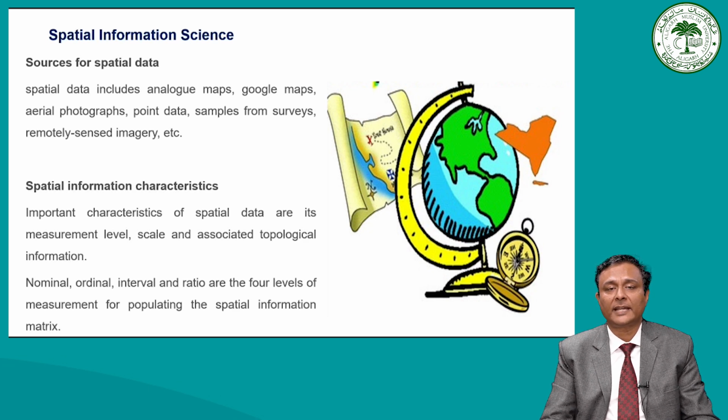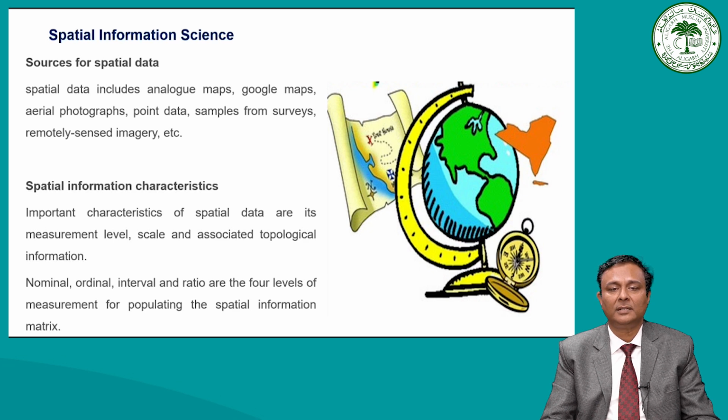The next question can be, what are the characteristics of spatial information? The important characteristics of spatial data and information are its measurement level, the scale, and associated topological information, how they are arranged in a geographic space.